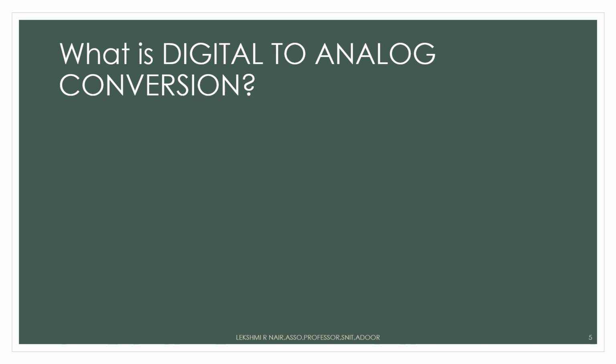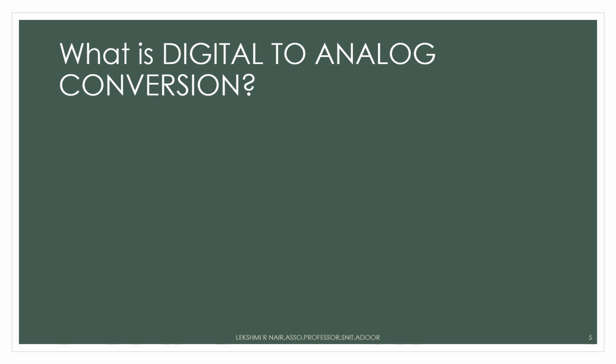Now, what is digital to analog conversion? In some applications, we need to convert a digital signal into an analog signal. That is, the signal that is processed by computers, mobile phones, etc. we have to convert into an analog signal.